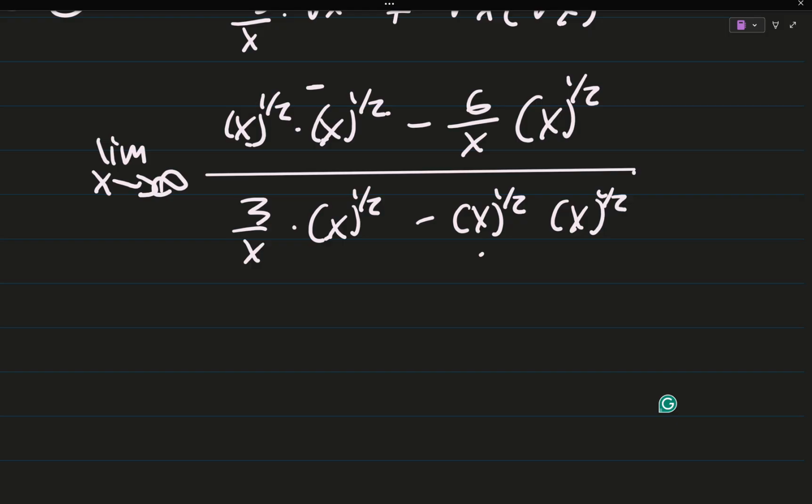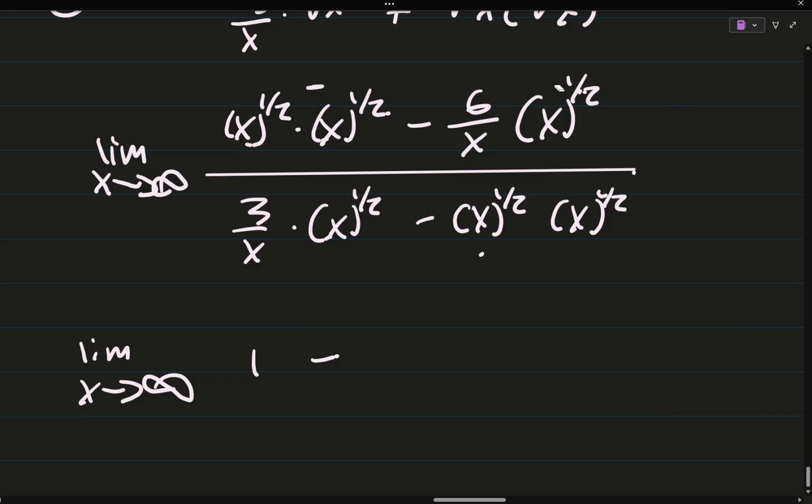So the limit as x approaches infinity is 1 minus. This can be put as 1 over x to the 1/2 as well. So from here, we can put this as minus 6 over x to the power of 3/2.